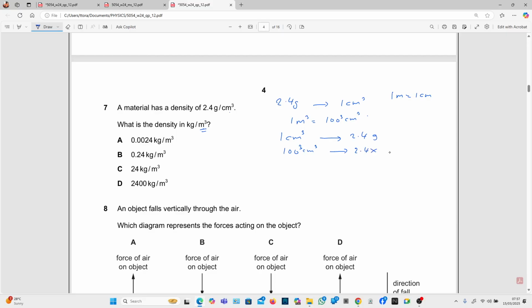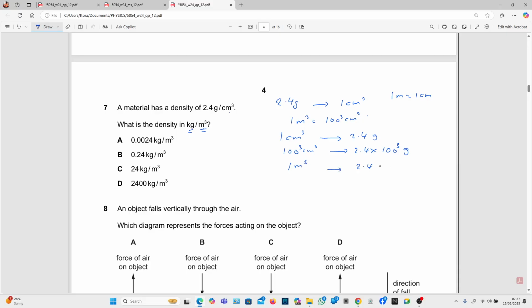That's going to give us 2.4 times 100 to the cube grams. We want this in kilograms, so we're going to divide by 1000. So this is 2.4, then 100 centimeters cube is 1 meter cube basically.